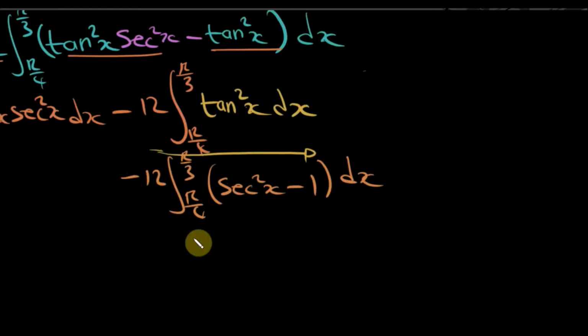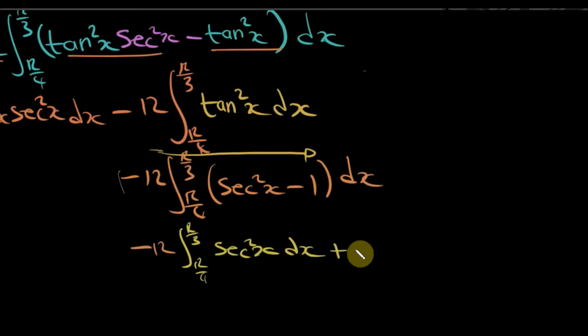We can distribute again the integral sign and the limits and the constant. So this will become 12 integral pi over 4 to pi over 3 sec squared x dx minus, and the minus becomes plus 12 integral limits dx.